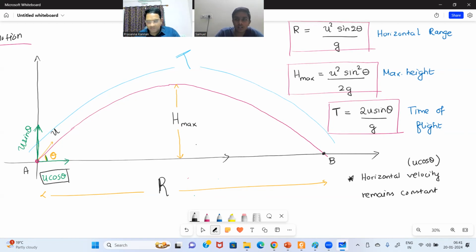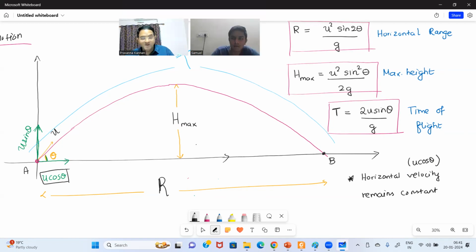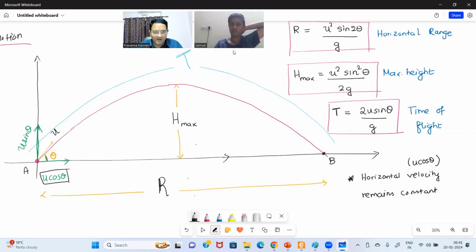Why it doesn't change? Very simple, because for velocity to change, there must be acceleration in that direction. Or in other words, there must be force in that direction. If there is no force, there will be no acceleration. If there is no acceleration, there will be no change in velocity. Can you repeat what I said, Samuel?